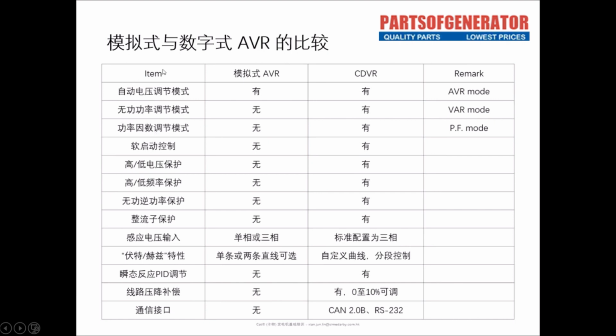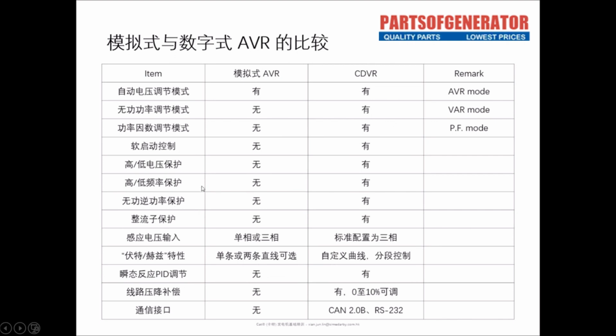Let's compare the analog AVR and the digital AVR through a table. First of all, in terms of the working mode, the AVR may have three working modes. One is the automatic voltage adjustment mode, which is the voltage regulator.